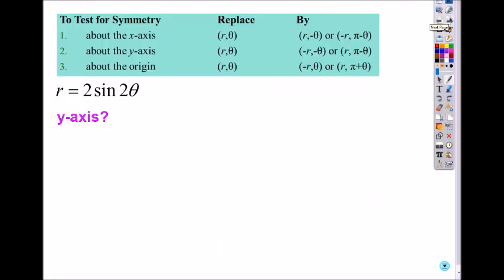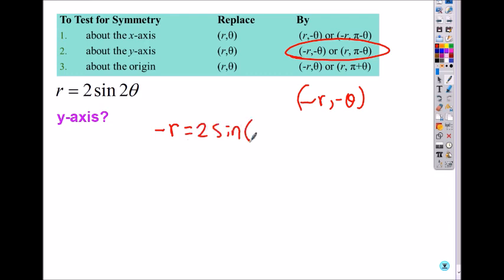Symmetric on the y-axis. For the y-axis, you have to try these two, negative r and negative theta. So now it's negative r equals 2 times sine of negative 2 theta, right? Because theta now becomes negative. Sine is an odd function, so the negative goes outside: negative 2 sine of 2 theta.